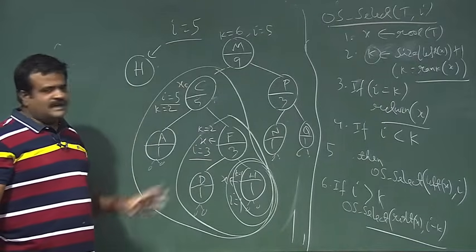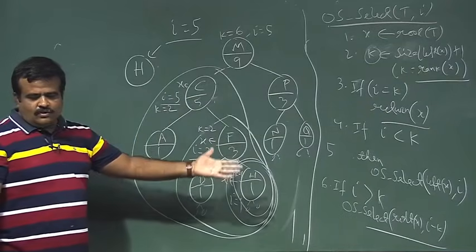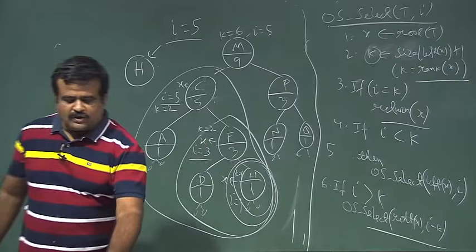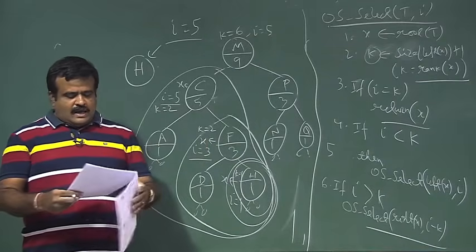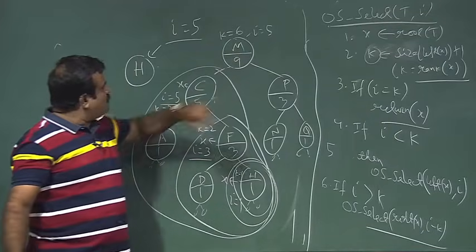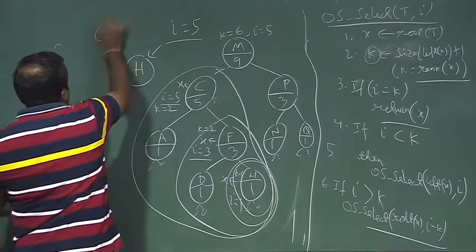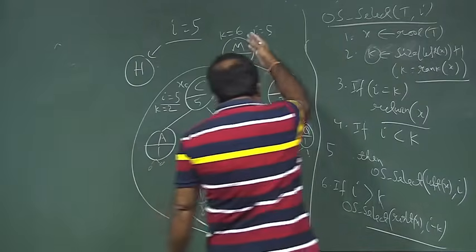This set is dynamic, that means we can insert a node over here, and we can delete a node over here. What is the running time of this code? The running time is order of log n, because we are just going down the height of this tree.